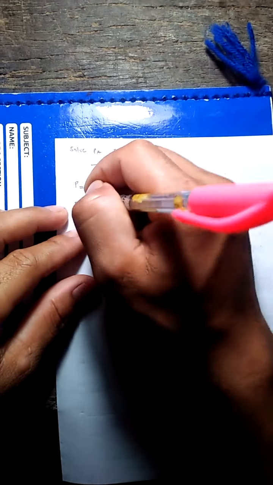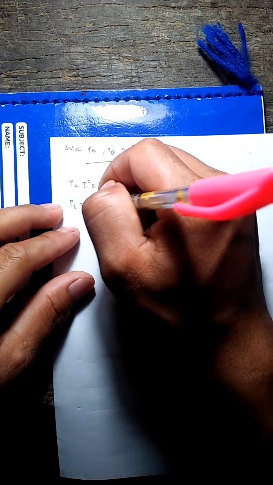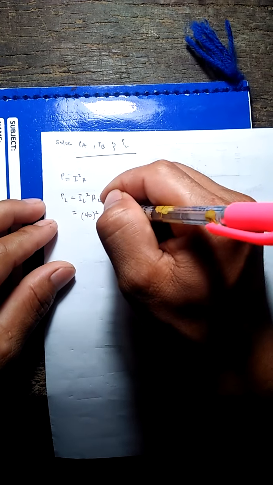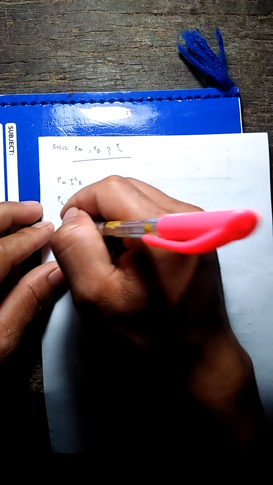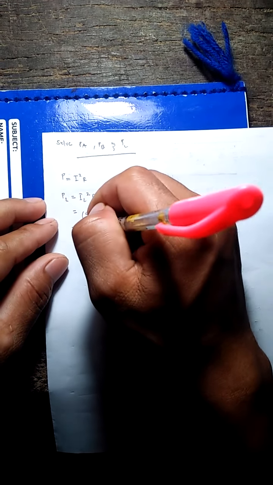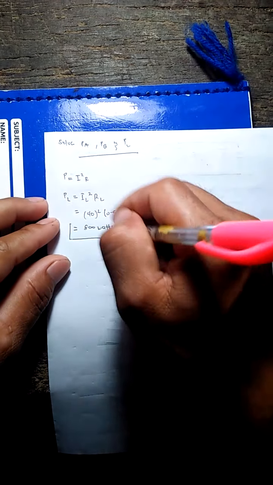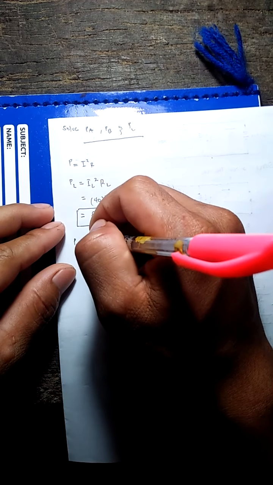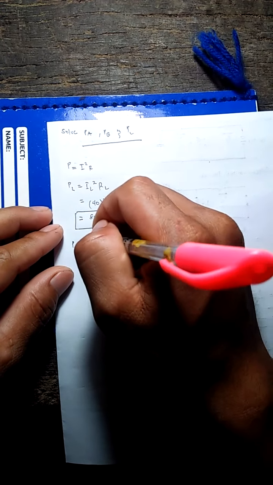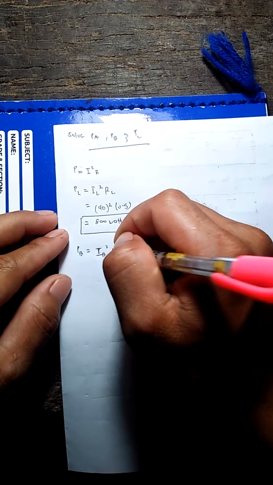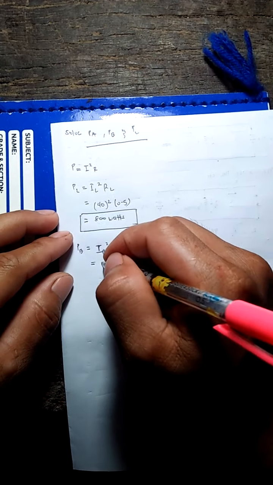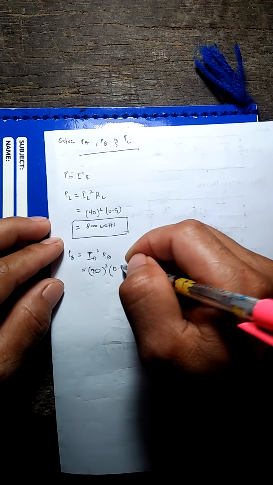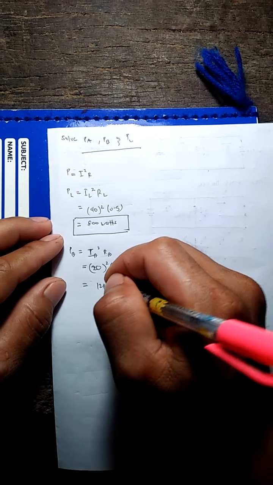So substitute. Our PL is IL squared RL, so 40 squared times 0.5, which results in 800 watts. PB is equal to IB squared RB, so 20 squared times 0.3, which gives 120 watts.